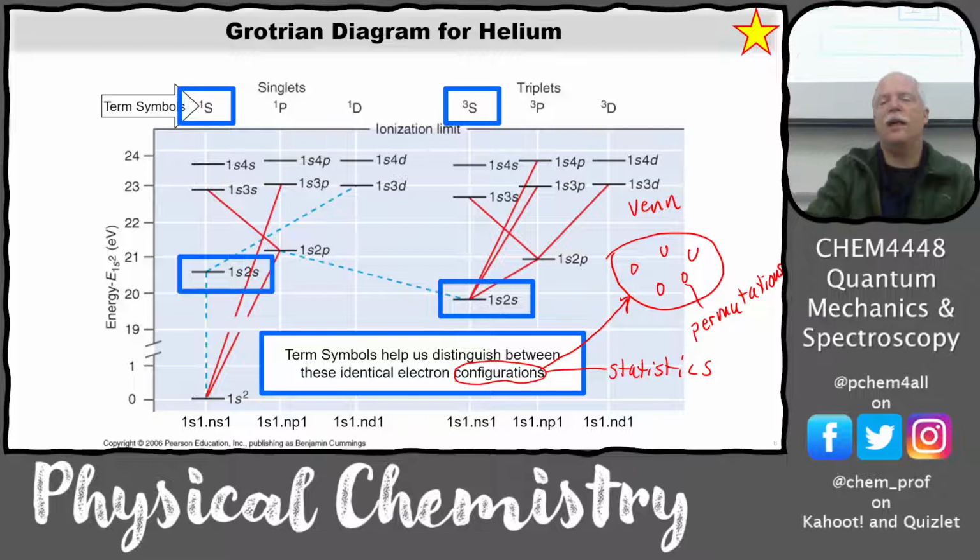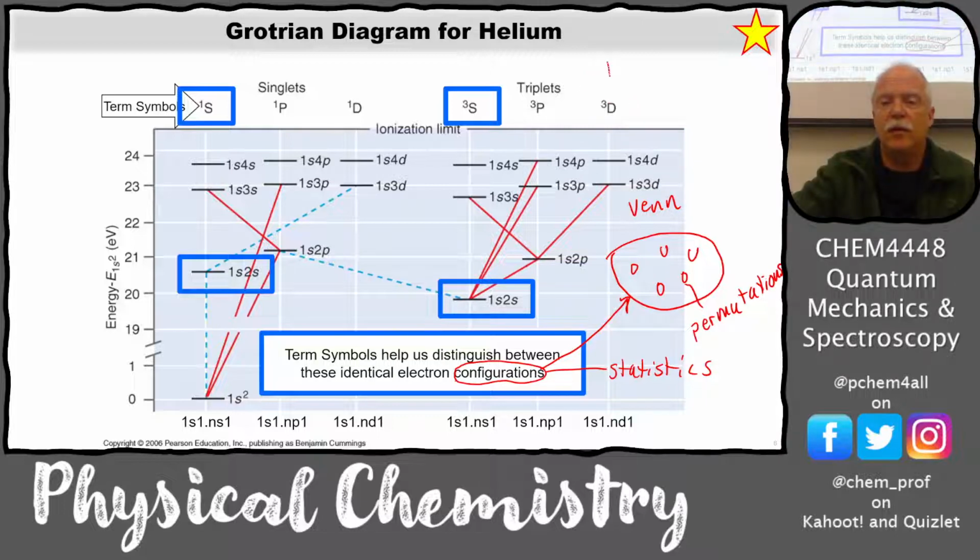Now, how might we understand this? Well, think about this. Let's look at boron, just the p orbitals in boron. It's got 3 p orbitals. I could put an electron in the first orbital, or I could put an electron in the second orbital, or I could put an electron in the third orbital. But notice how all of those are 2p1. So these are 3 permutations of the 2p1 configuration. Does that make sense now?